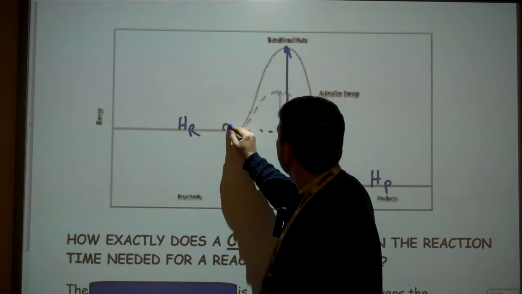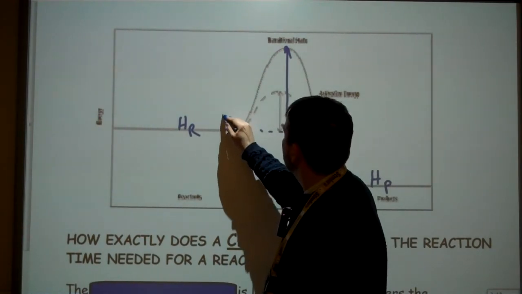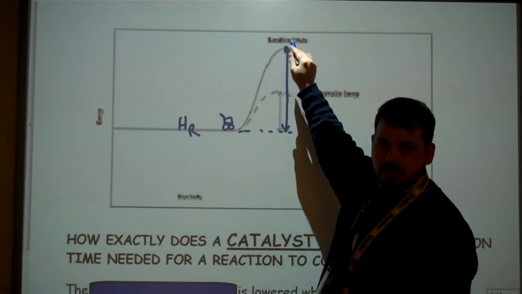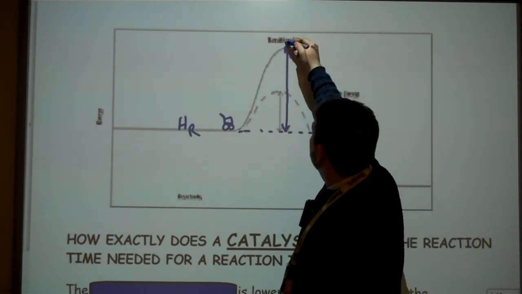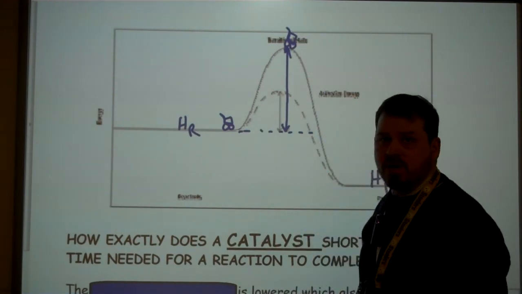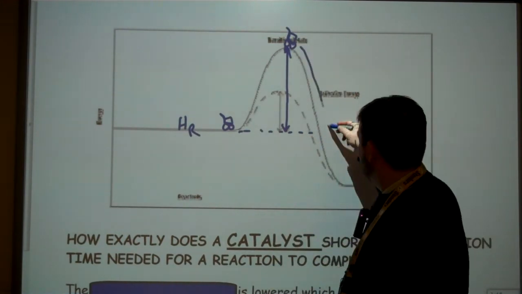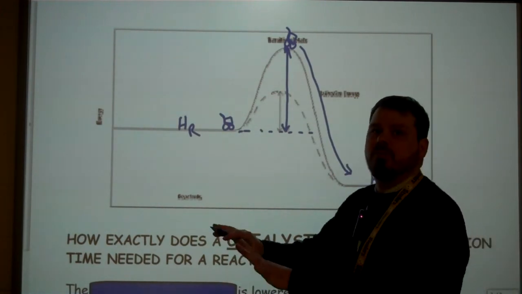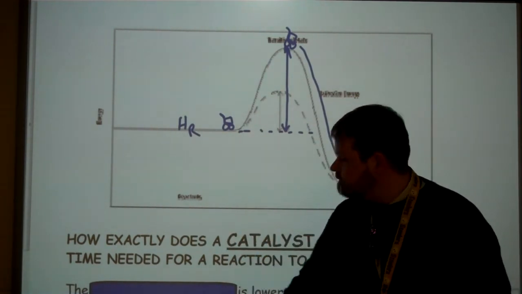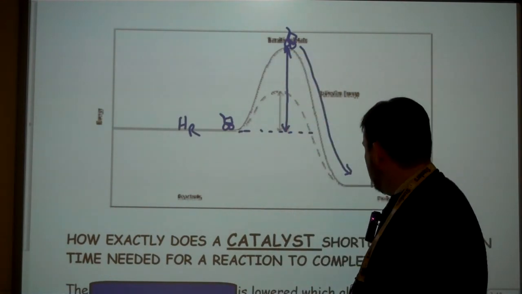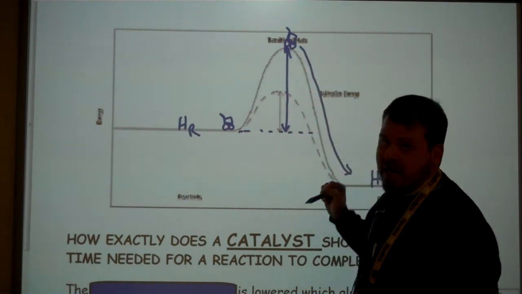And if you think about it this way, if I had a little shopping cart down here, would I have to put in energy to get it to go up the hill? Well, absolutely. And then, if I was already at the top of the hill with my little shopping cart, would I have to put in energy to get it to go down? Well, actually not really. I could just let go, and off it goes. So this is the amount of energy that I'm really looking for, and this energy is called the activation energy.